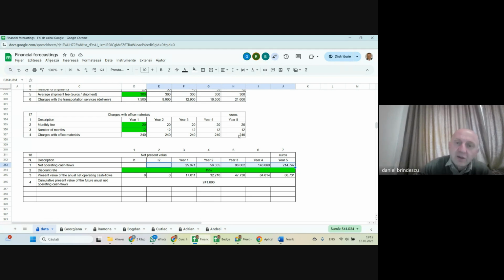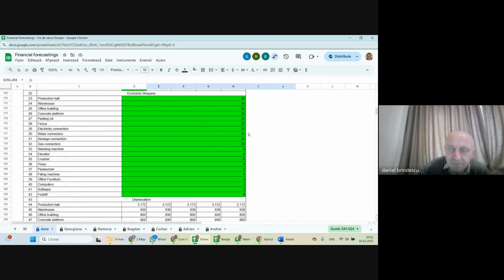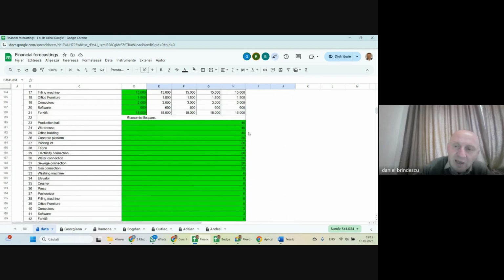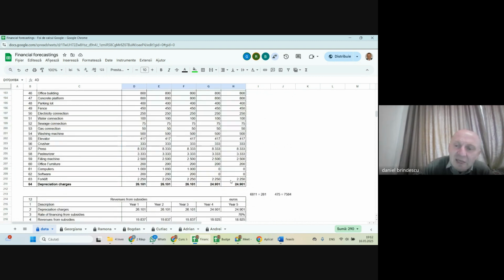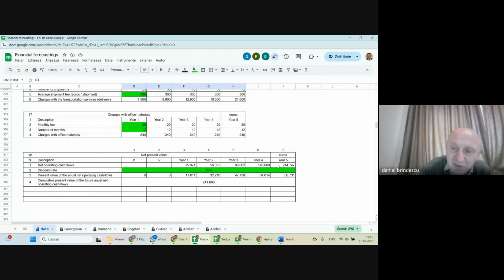Because if I'm going back to the depreciation table, we can see that we have quite a lot of investment components with lifespans of more than 5 years. Some of them can generate, in our estimation, benefits for at least 40 years. So why take into consideration just the benefits generated within the first 5 years?